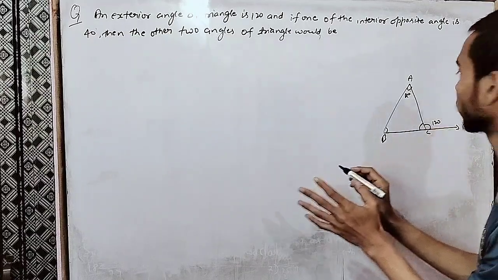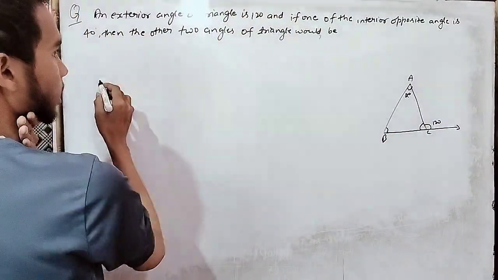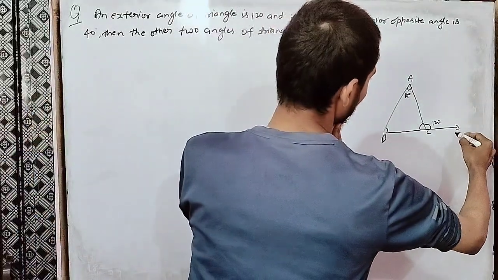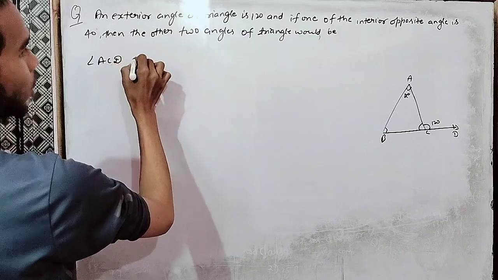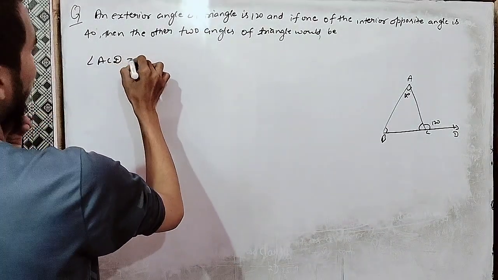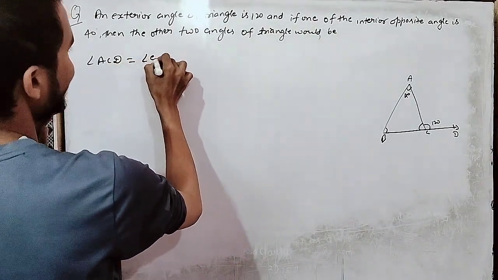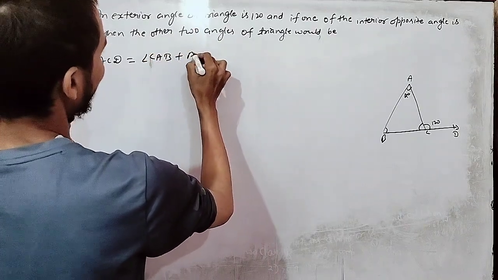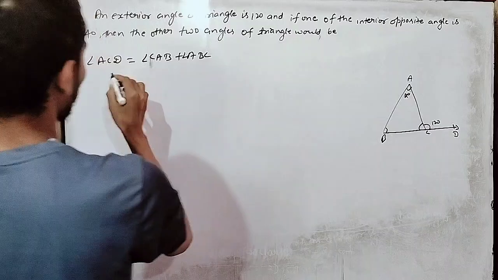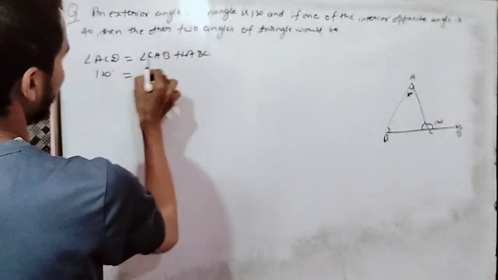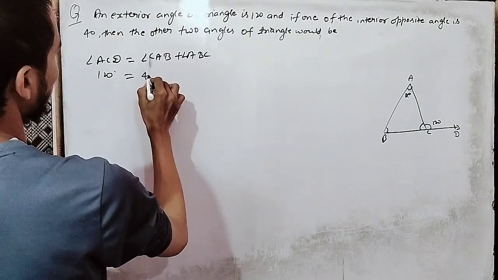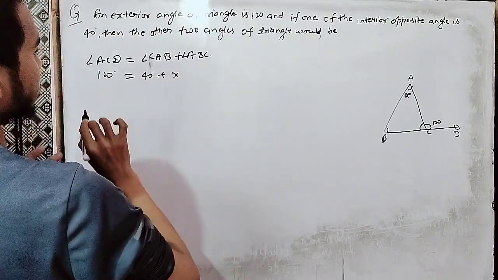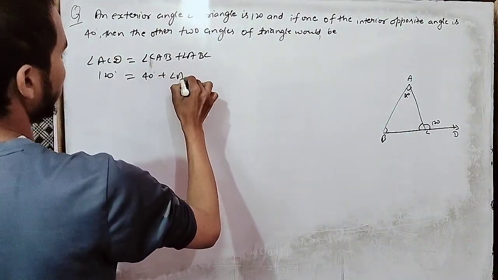Already we know the exterior angle ACD would be equal to angle CAB plus angle ABC. So 120 equals 40 plus X, and we can say this is ABC.